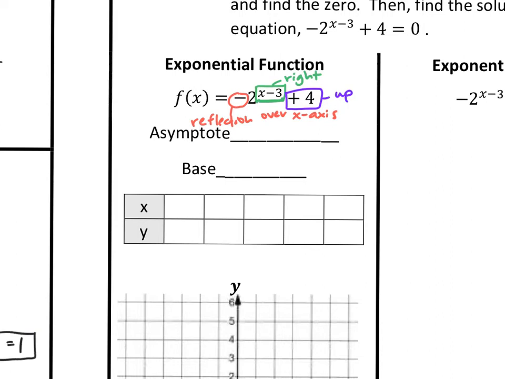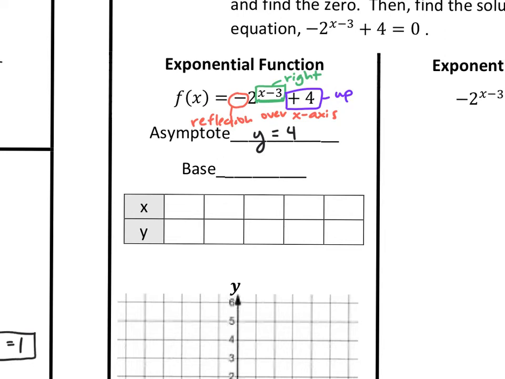And one thing I want to mention here is, the part that tells us if we're moving up or down is going to determine the asymptote. So how many units are we moving up? We're moving 4 units up. So that means that our asymptote is y equals positive 4. Y equals 4.